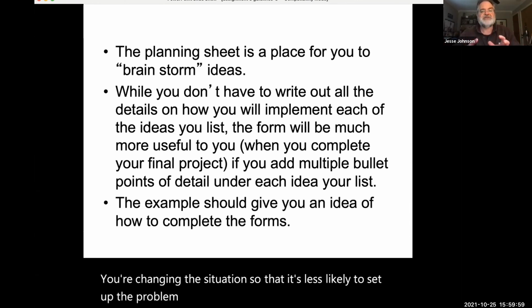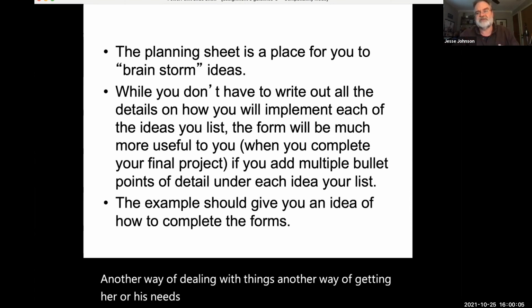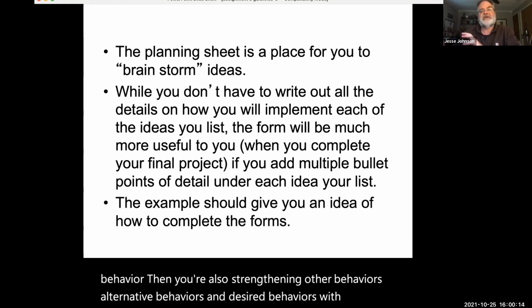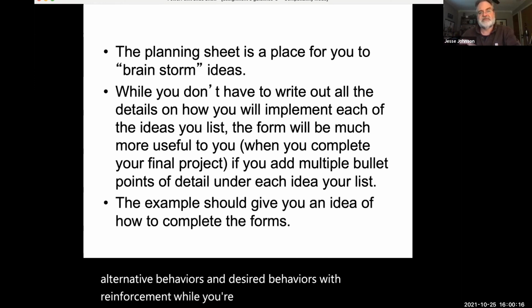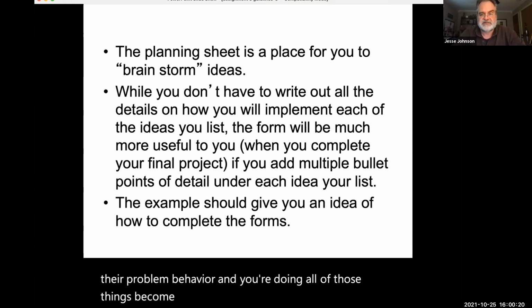You're teaching the student another way of dealing with things, another way of getting her or his needs met without resorting to the problem behavior. Then you're also strengthening alternative behaviors and desired behaviors with reinforcement, while you're minimizing reinforcement for the problem behavior. And you're doing all of those things as a comprehensive behavior support plan.